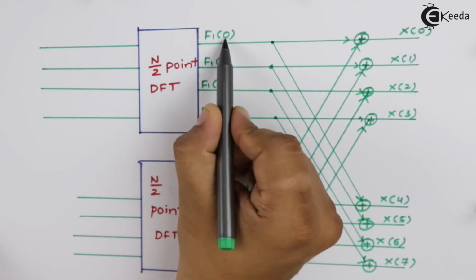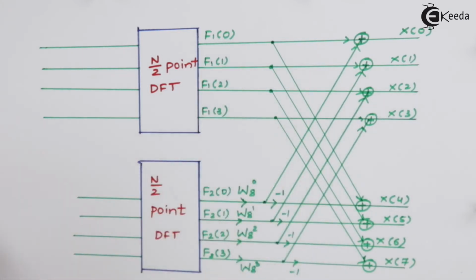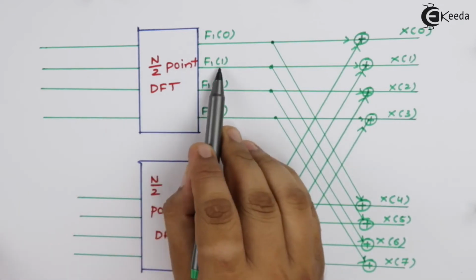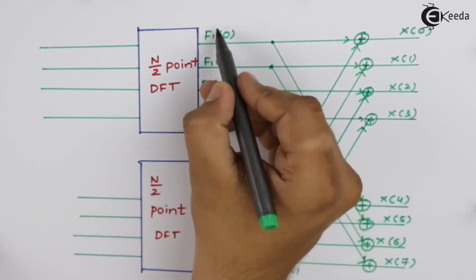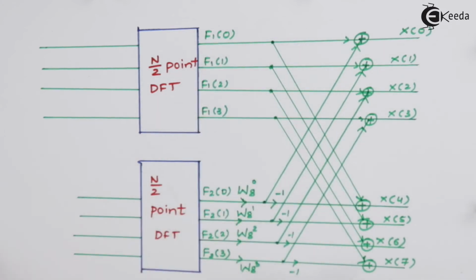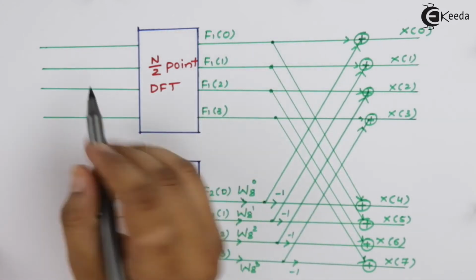So this value is for the 0th sample. This value is for the first even sample. This second value is for the second even sample, and this fourth value is for the fourth even sample. And we have calculated all the sample values. So I'm going to directly put all the sample values on the input side.